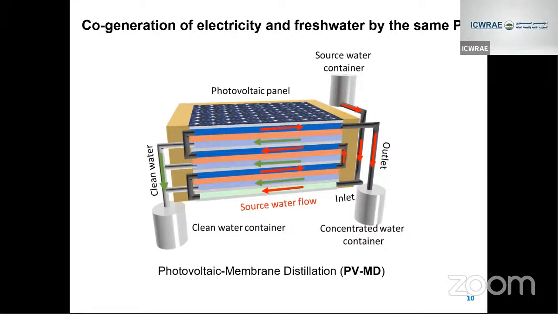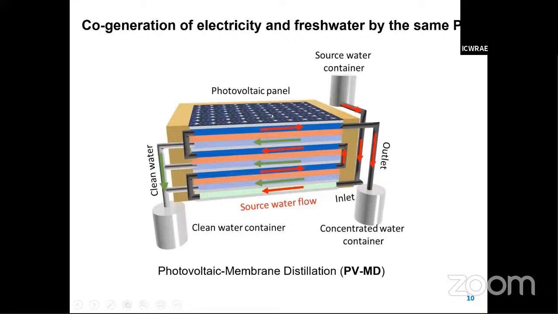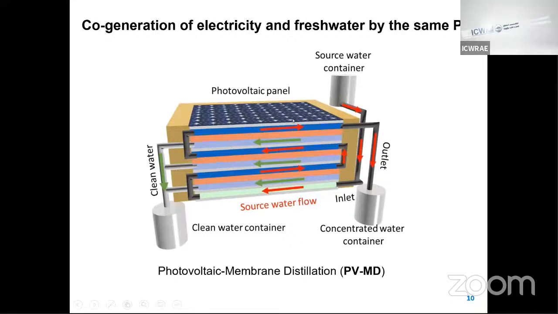In this design, the waste heat of PV flows naturally into the membrane distillation. One additional feature of this design is that we have a cross-flow mode in our system. Having this cross-flow mode is important because it allows the whole system to operate continuously. Therefore, it's suitable for practical application.